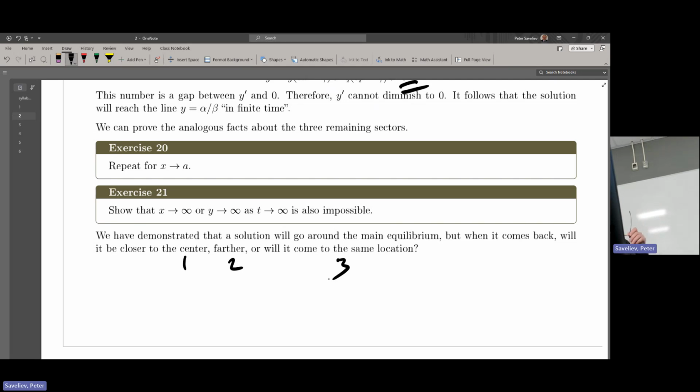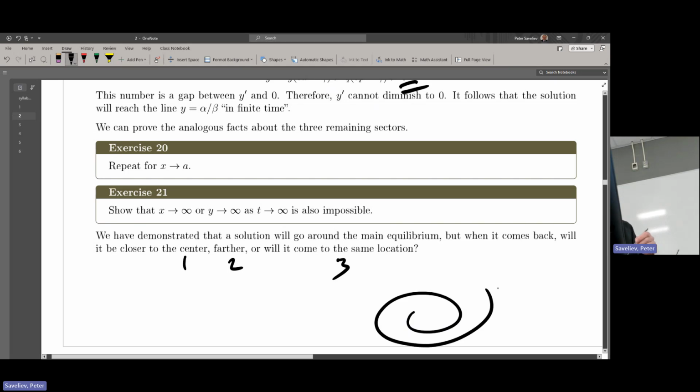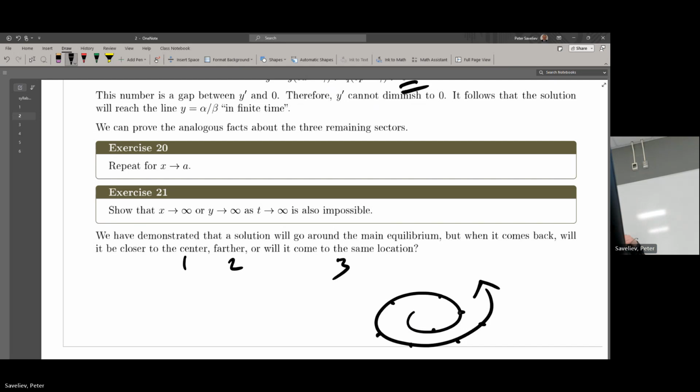Does it prove that it's not cyclic? It seems to be spiraling out like this. Once again, made-up points. Can we conclude that this is roughly what the behavior is supposed to be like?